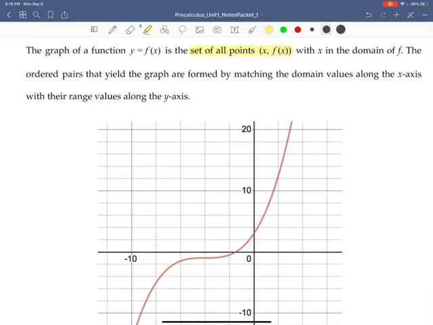The ordered pairs that yield the graph are formed by matching the domain values along the x-axis with their range values along the y-axis. So here's a point on this graph.